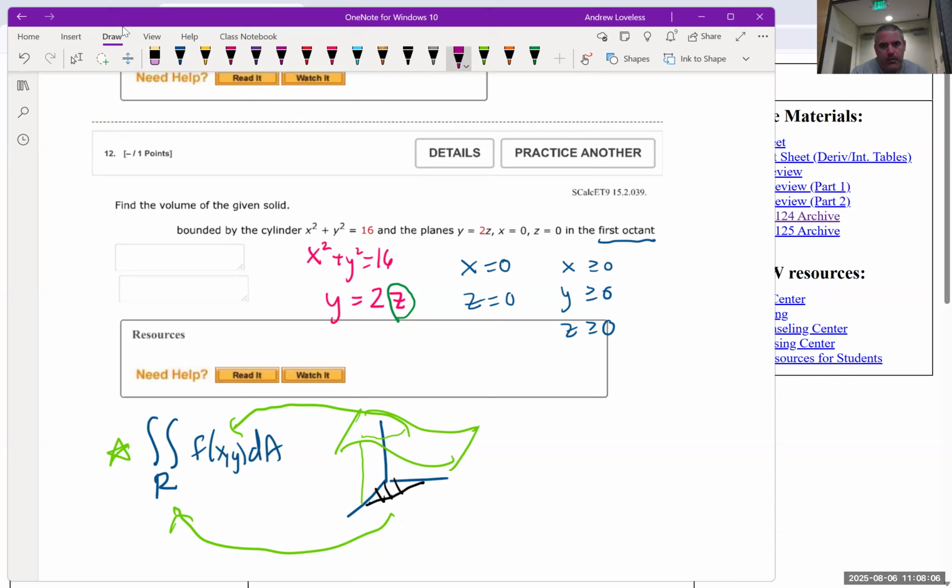So step one is to find your z. And there's only one thing giving me height here. It's right here. So I'm going to do some challenging solving. Z is a half y. Maybe that wasn't so bad. That's what's going to go here. That's like my flying carpet.